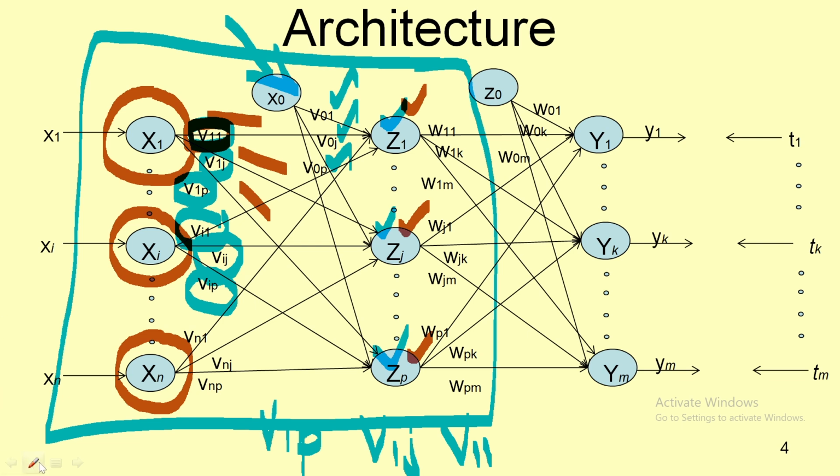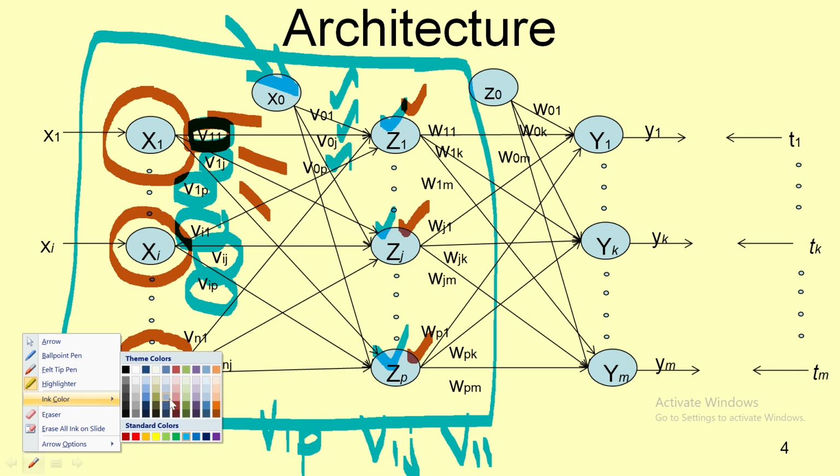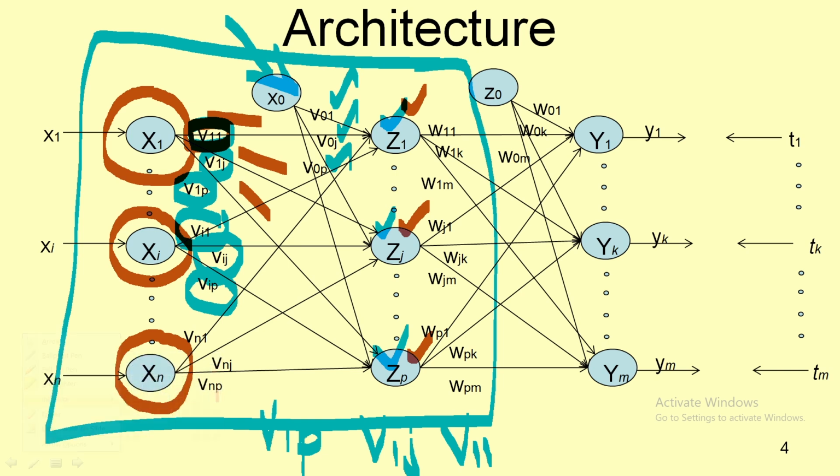So let me choose a different pen color in order to identify the difference. If you look at the hidden layer, you have the nodes z1, zj and zp, and each node in the hidden layer is connected to every node in the output layer, y1, yk and ym.